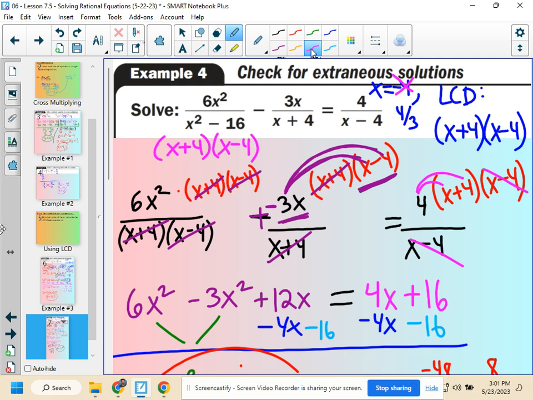this 4/3, that's going to be a beast to check. Right now, I know that's the right solution, but on your checks, I would essentially just go one at a time. That's probably the easiest thing to do. On your calculator, 6 times parenthesis 4/3 squared, divided by parenthesis 4/3 squared minus 16.